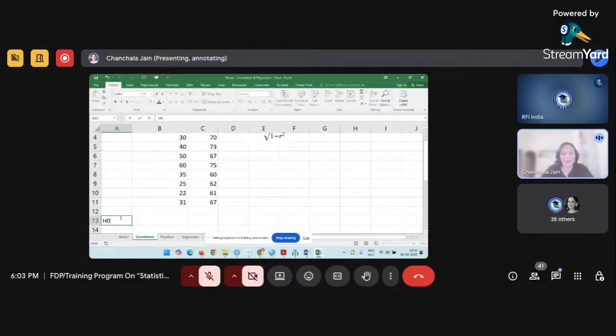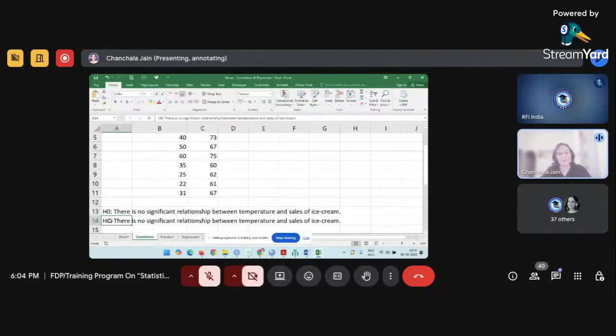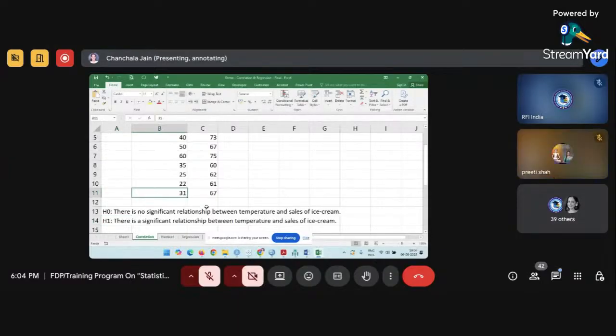Firstly, if I want to formulate my hypothesis, I will write the null hypothesis: there is no significant relationship between the temperature and the sales of ice cream.